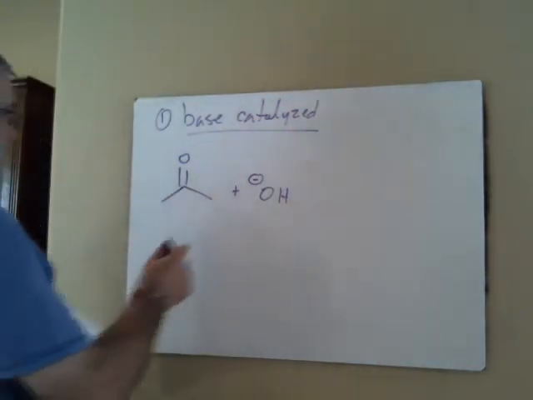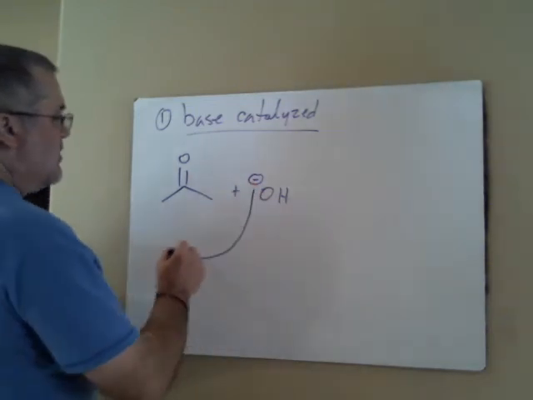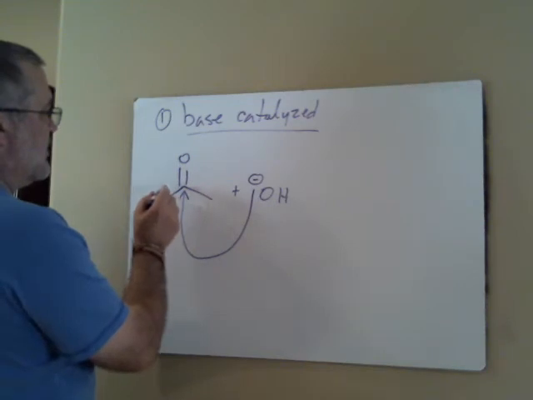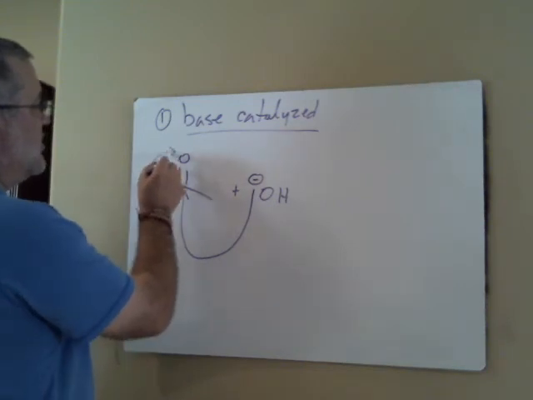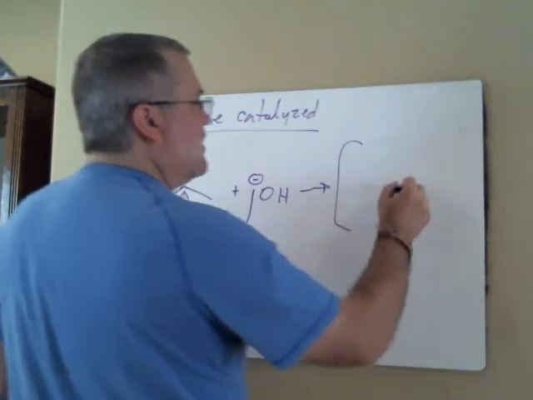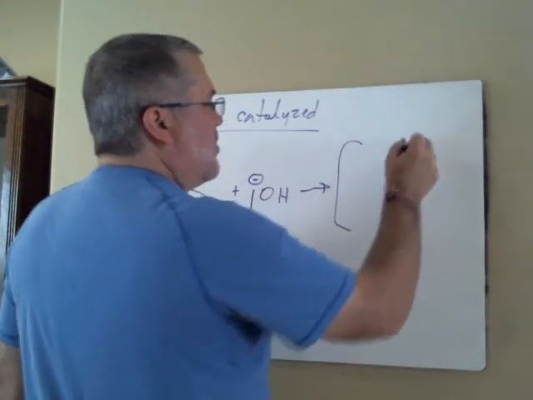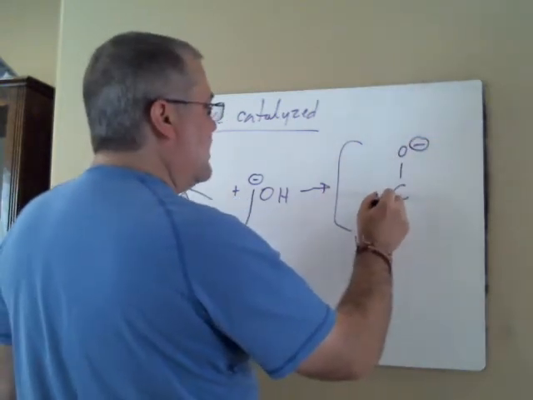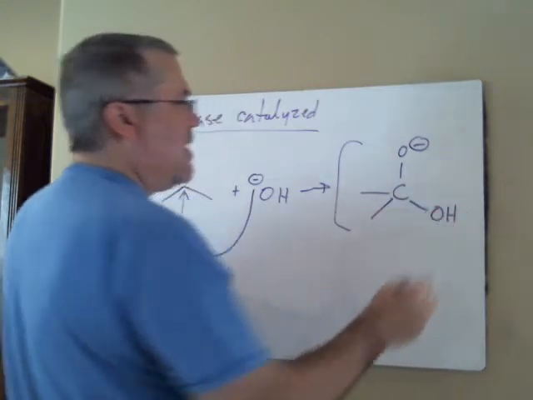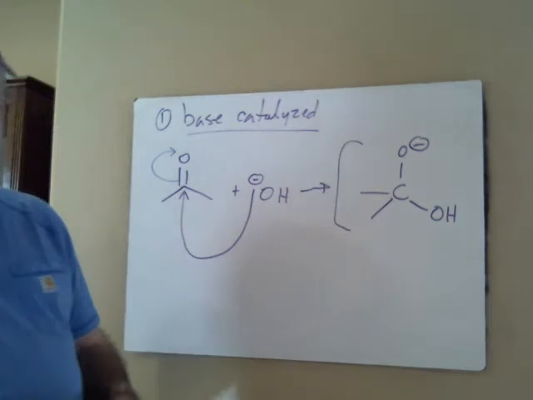And so if that's the case, this is my nucleophile. A negatively charged nucleophile is going to react with the electrophilic center of the carbon. It's going to break this pi bond, move the electrons up to the O, forming the tetrahedral intermediate. Remember, we're going to see that a lot. And I'm just going to draw it like this. We're going to see that tetrahedral intermediate a lot.